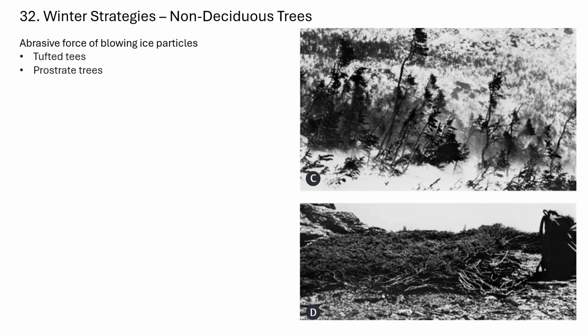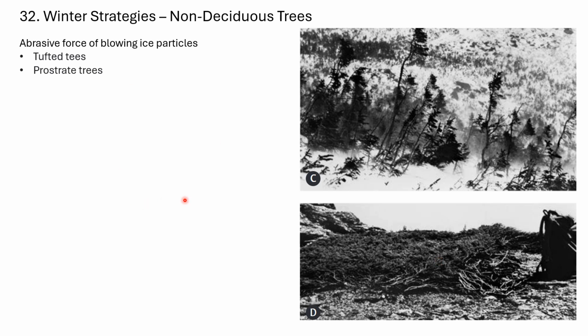So this is an image taken from your textbook, and it talks about how this wind and this abrasive ice can create tufted trees. So these tufts are above that zone that's causing the damage to the branches. Or in some cases, this is a black spruce as well, we can have this really truncated or prostrate growth here.